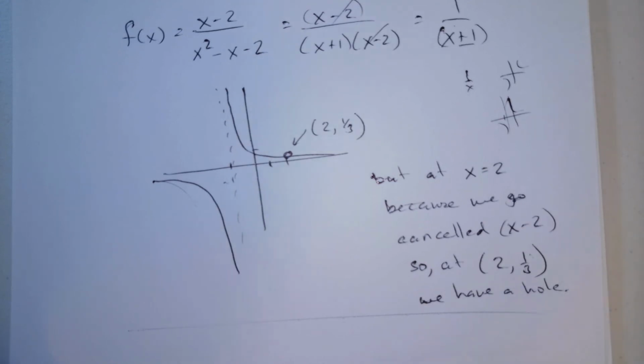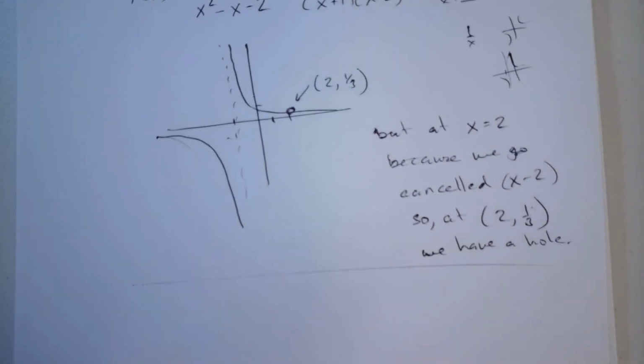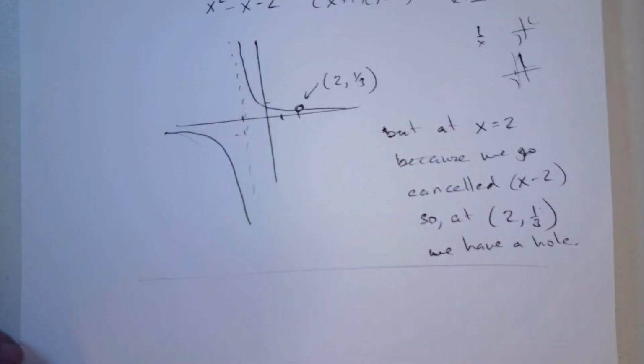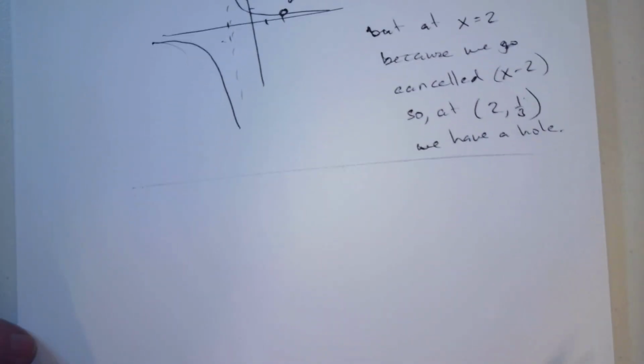So whenever you cancel something on top and bottom, you graph the remainder function, but whatever value you crossed out, you put a hole in it.